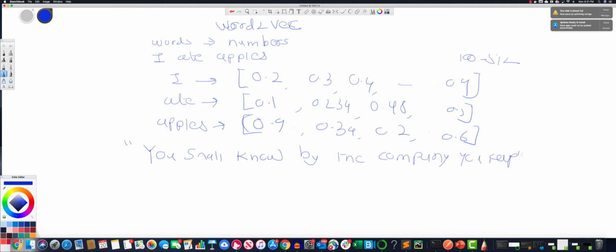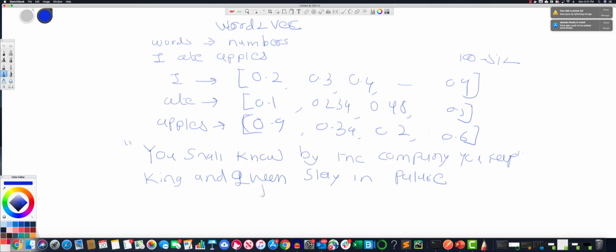For example, let's say king and queen stay in a palace, right? If you take a look at these words, king and queen obviously occur most often together, and palace also occurs often together with king and queen.